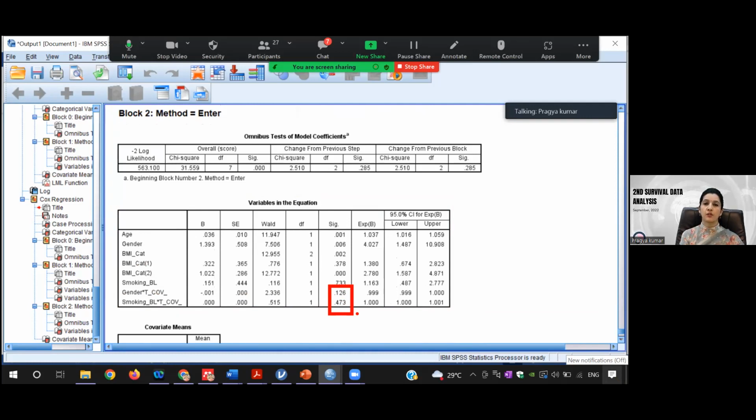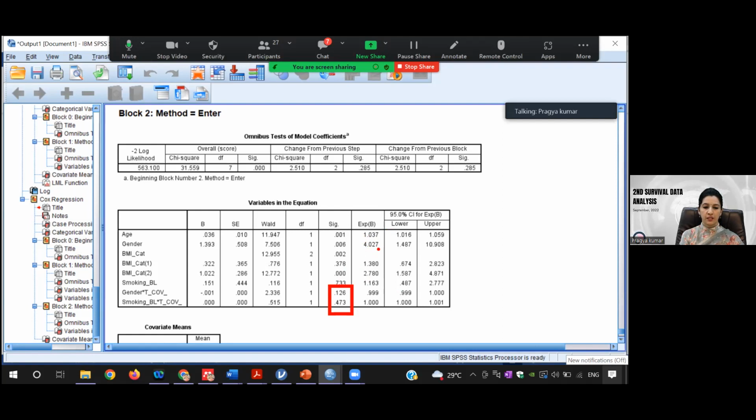This variable is not time-dependent, and you can be sure that the proportional hazard assumption is met. Then you can report, because if you see the exponent, the values of the exponent are different. In this case, it is 4.027. It has increased.